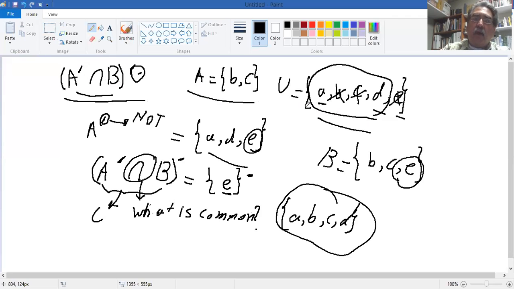A naught is all the elements that are not in A. Then intersect that with set B. What is common between A naught and B is E. Then we want that intersection to become not. The only element here is E, so its opposite would be A, B, C, and D.